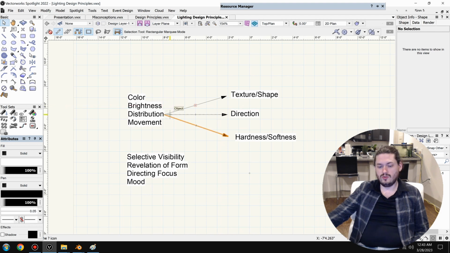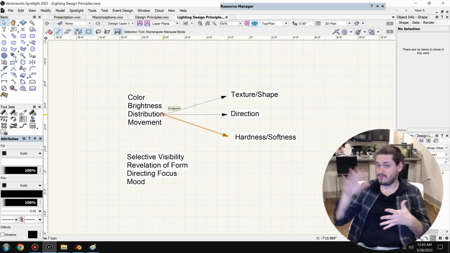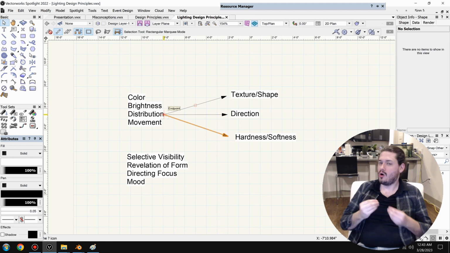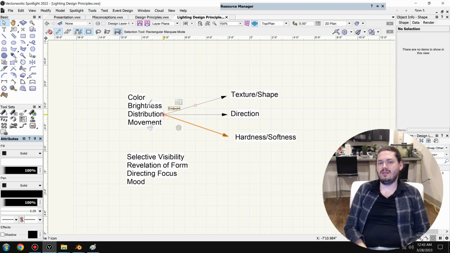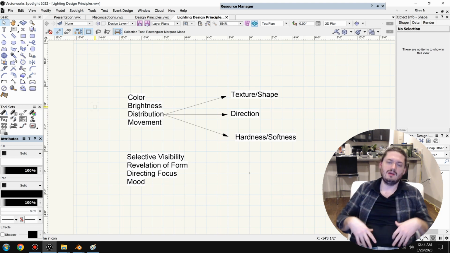You can control the distribution, which actually has a few elements inside of it: the direction the light is shining from, how hard or soft that light is, and any texture or shape that the light may be projecting. And also movement, which is kind of an emergent property of brightness, where if you're changing the brightness over time, then that is perceived as movement in the lighting.